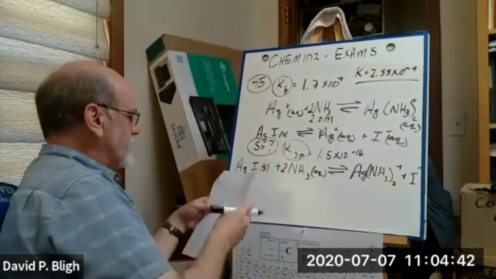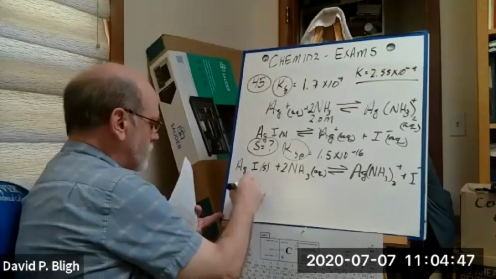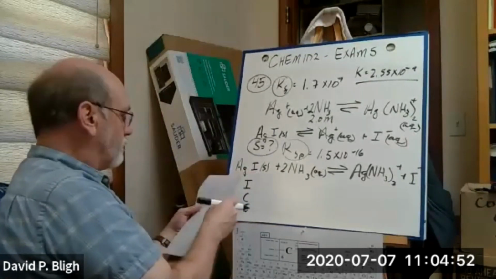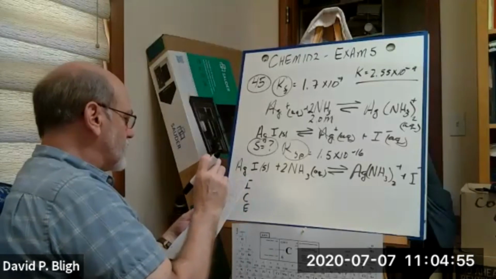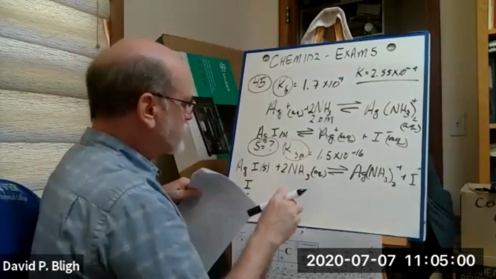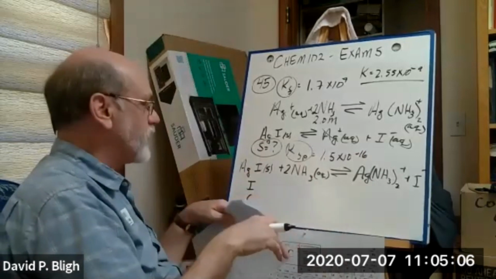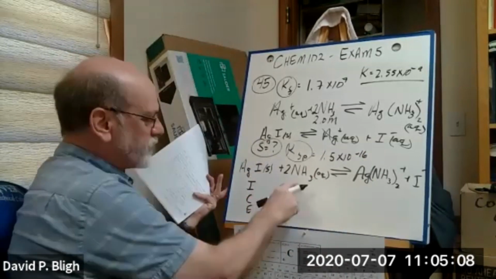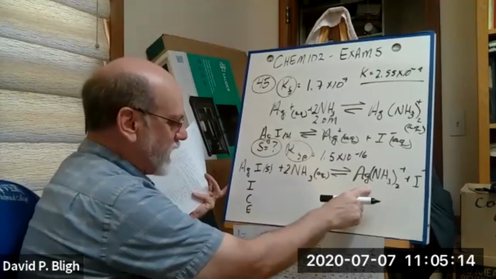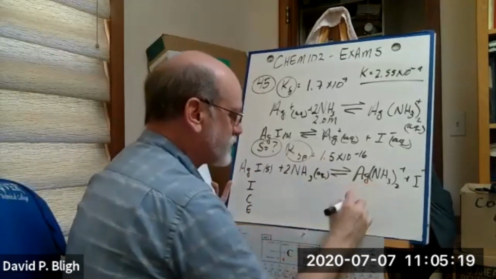So now what we need is to set up our ice table. The solubility needs to be in such a proportion that when we solve the equation, we get the answer that is the solubility. So we can't make this one equal to S. We need to make that one equal to S because it's 1 silver, 1 silver.